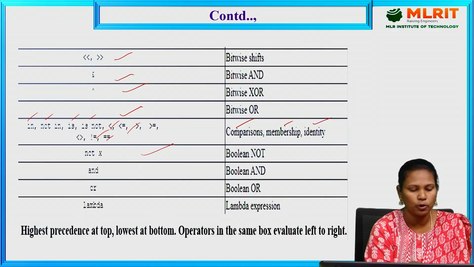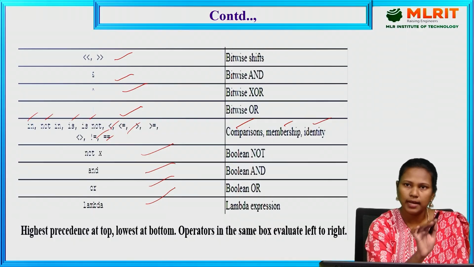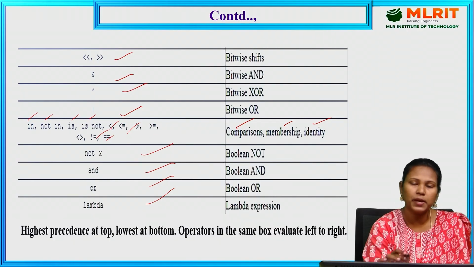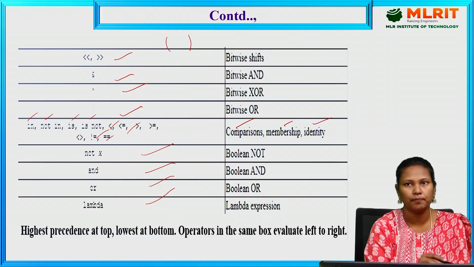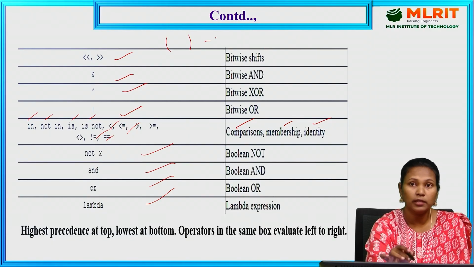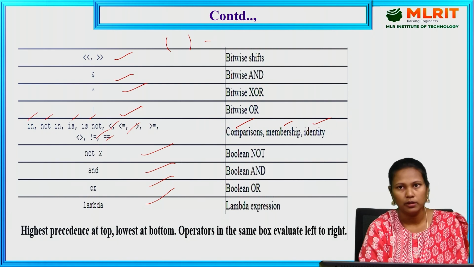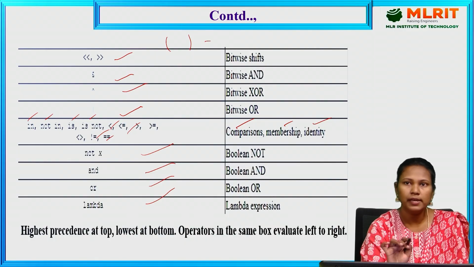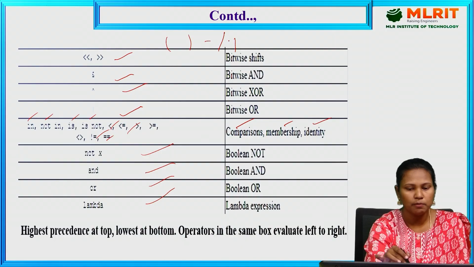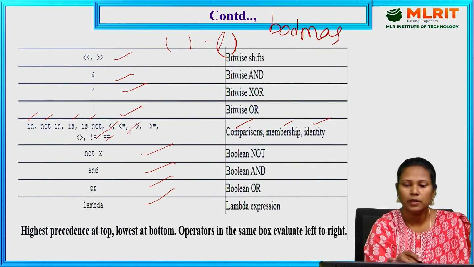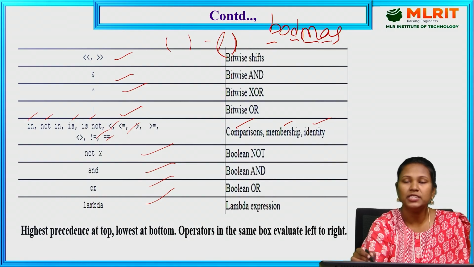Next one, boolean not x, boolean and, boolean or, and lambda expression. So these are the precedence we are following. First we give precedence to the brackets. In the math subject also, in the 5th to 10th classes, we follow BODMAS: brackets, division, multiplication, addition, subtraction.